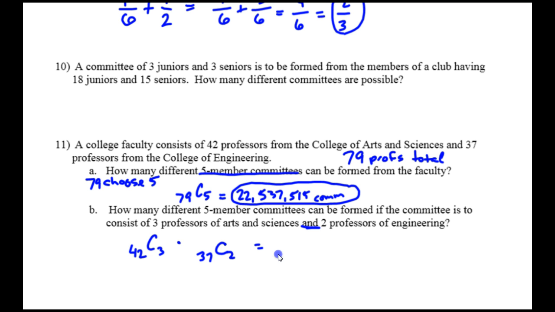The numbers I got were 11,480 times 666, and you're going to multiply those together for a grand total of 7,645,680 committees.